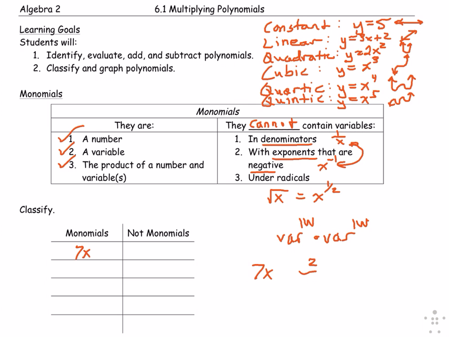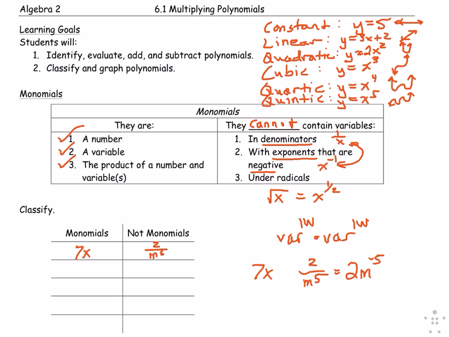How about 2 on m to the 5th? Again, pause if needed to go through the rules. This is not a monomial because we have a variable in the denominator. This could be rewritten as 2 times m to the negative 5th power, and so we have a variable with a negative exponent, which a monomial cannot have.